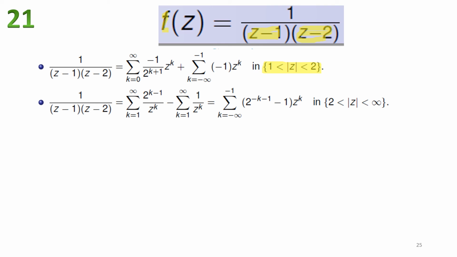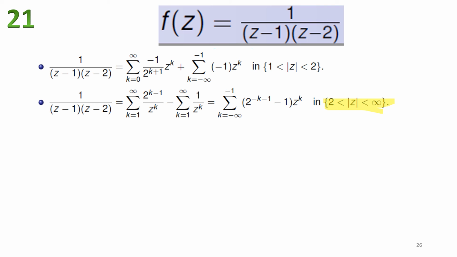In the second annulus, where mod of z is lying between 2 to infinity, it is a Laurent series in this region. And now we shall look forward how the coefficients roll in this.